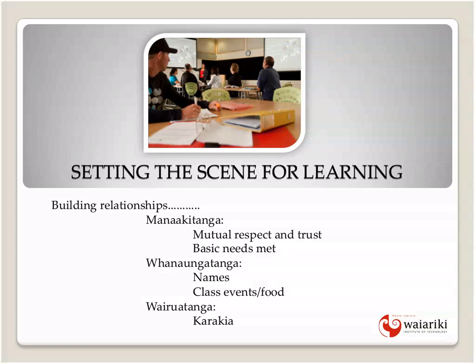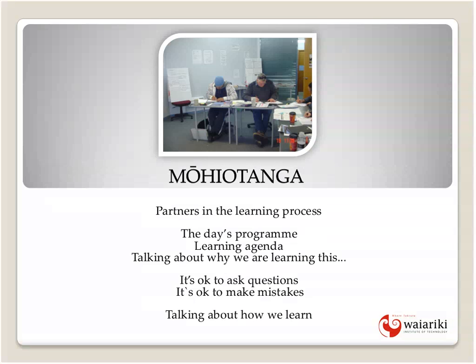And wairuatanga, about their spiritual needs, and one example here is the use of karakia. An example of mōhiotanga is partners in the learning process. So these values would be used to help set the scene in the learning environment.